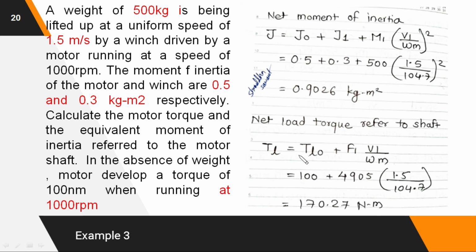But here TL0 also is going to come, because it is mentioned here that the motor develops a torque of 100 Newton meter when the load weight is absent. So this 100 load torque will come into the formula. Just put the values and find out. 170.27 Newton meter is the load torque related to the system. Okay, thank you.